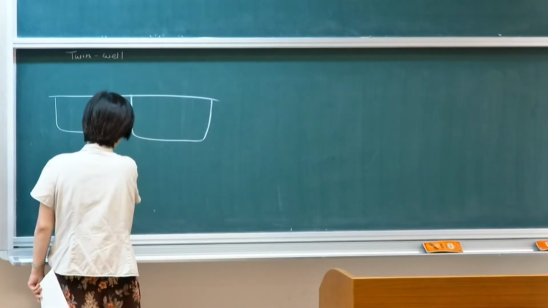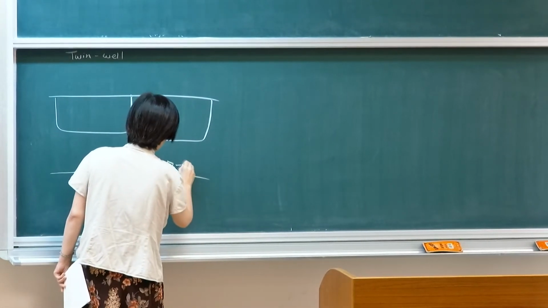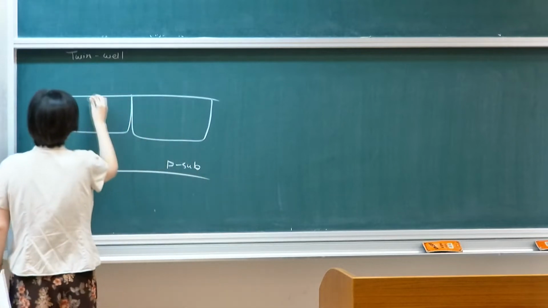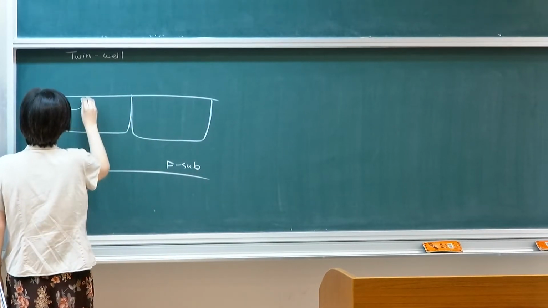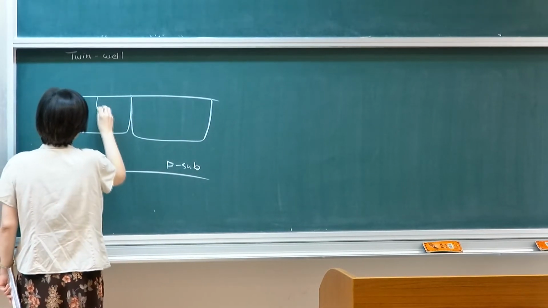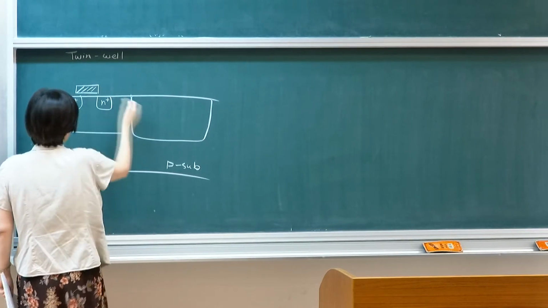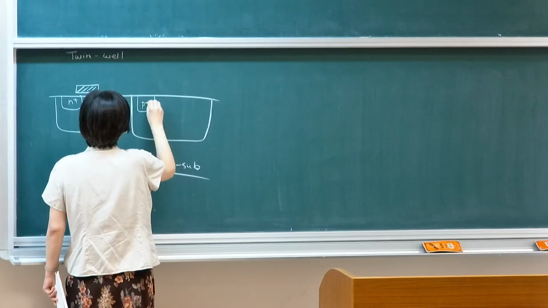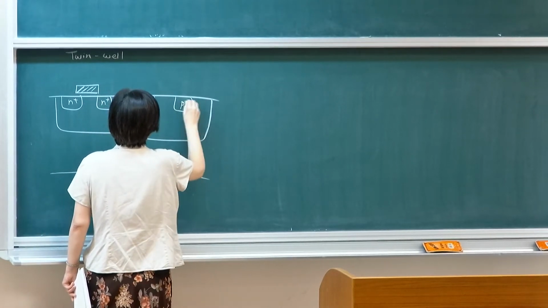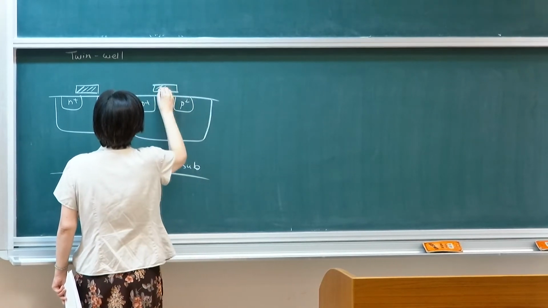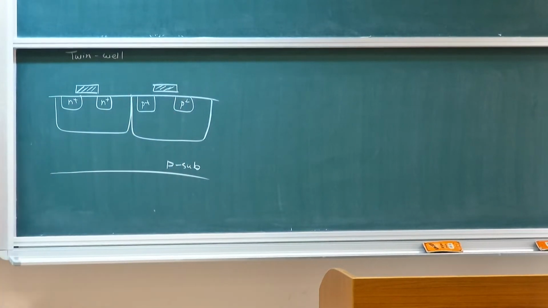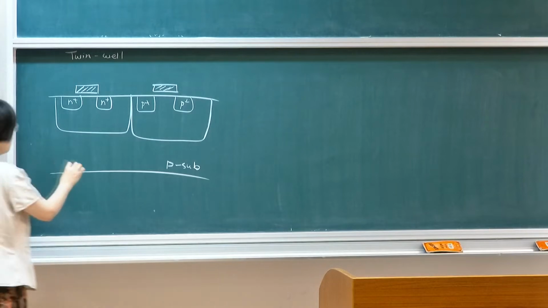You start with a P substrate, and then you have N plus gate and P plus gate. So from the left, this is the N channel, and on the right is the P channel.